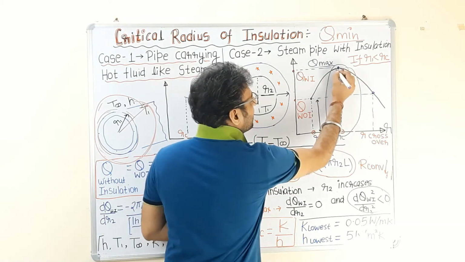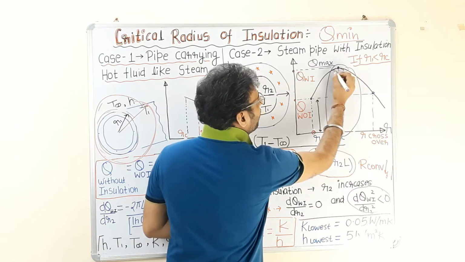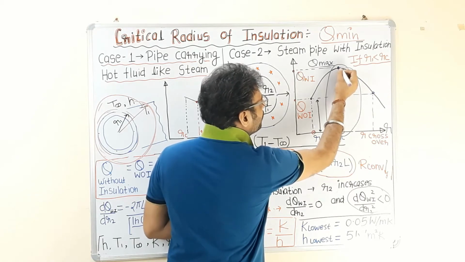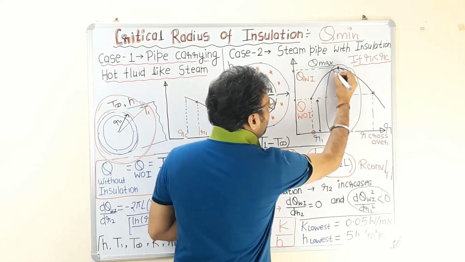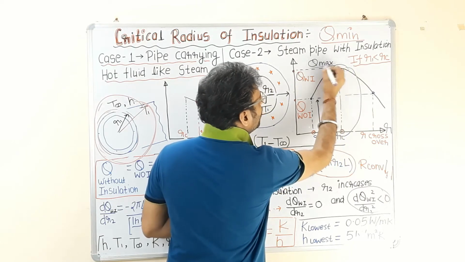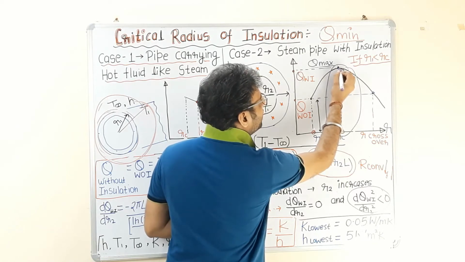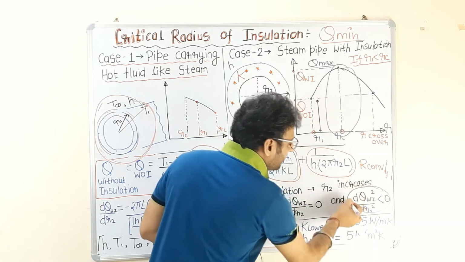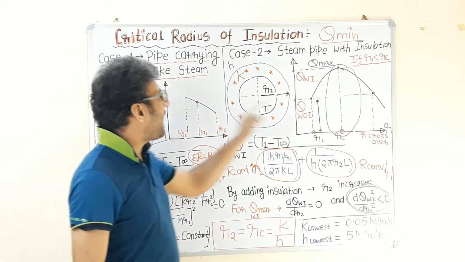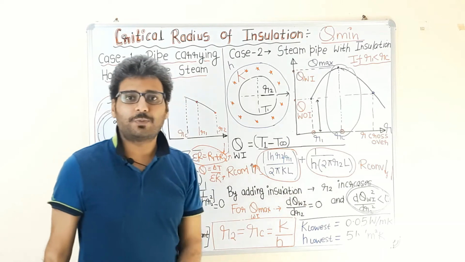We can see that the slope of the curve is changing sign from positive to negative: here the slope was positive and here the slope is negative. So for Q maximum, the slope changes its sign to negative. This condition is showing this. So for maximum heat transfer rate for our system, these two conditions should be applied.